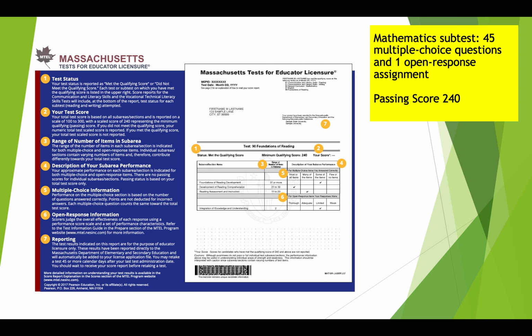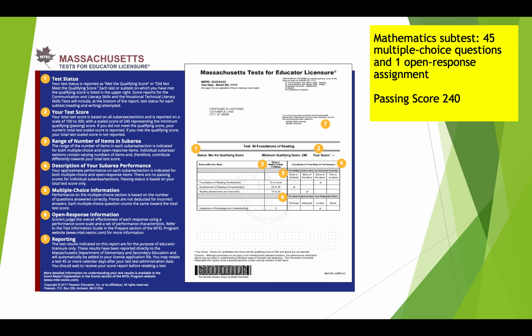That first part will show you whether or not you met the qualifying score. So if you met it, it will say met the qualifying score. And if you didn't, it will say did not meet the qualifying score. Then 2 shows your actual score. If you meet the qualifying score, you just get those 3 dashes. And if you don't meet the qualifying score, then it gives you your actual score.